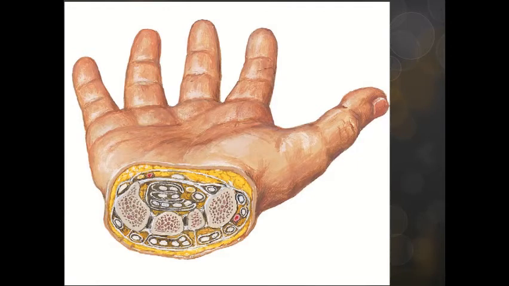Here is the same image I am showing you. The structures present beneath the flexor retinaculum are the flexor digitorum superficialis tendons, and most laterally flexor pollicis longus. These four tendons, they are flexor digitorum profundus, and this yellow one is the median nerve.